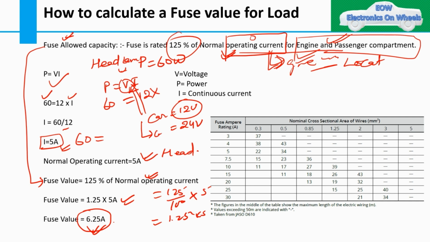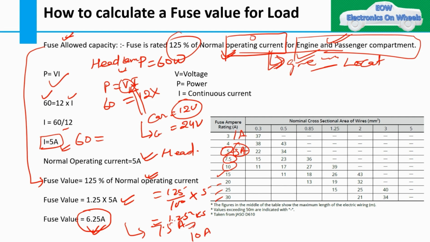But I have already told you that we do not have a fuse of 6.25 or 8.25 or like that. Fuse rating mostly would be 1 amp or 5 amps, mostly 5 amps. We start with 5 amps, then 7.5, then 10, 15, 20, 25, and 30. So here 6.25 is coming, so the next fuse rating would be 7.5 or 10 amp.